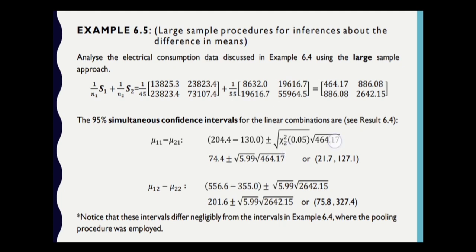And here adalah standard deviation for the first variable, which is we take from here. Okay, di sini. Here we take from this matrix. So lastly, you will get these two confidence interval. Seems that both of the confidence interval does not include 0, so we can make the same conclusion as before this lah.